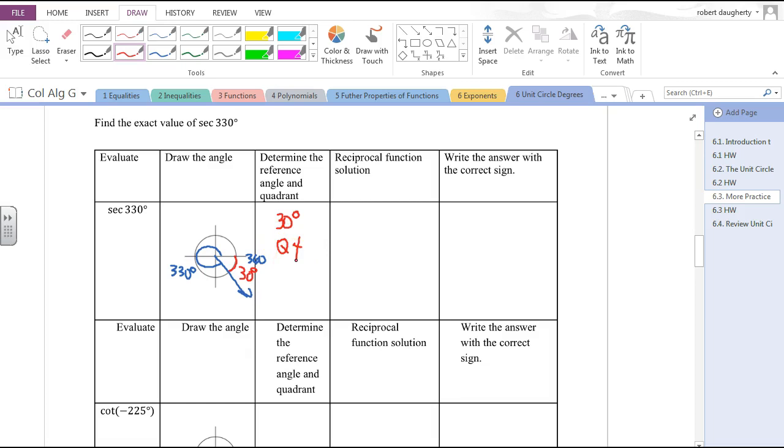A 30-degree angle in which quadrant? Quadrant 4. Secant is the reciprocal of what? Cosine. So on the unit circle, the cosine is equal to what? X. Therefore, the secant is 1 over x. So at 30 degrees, what is the x value?